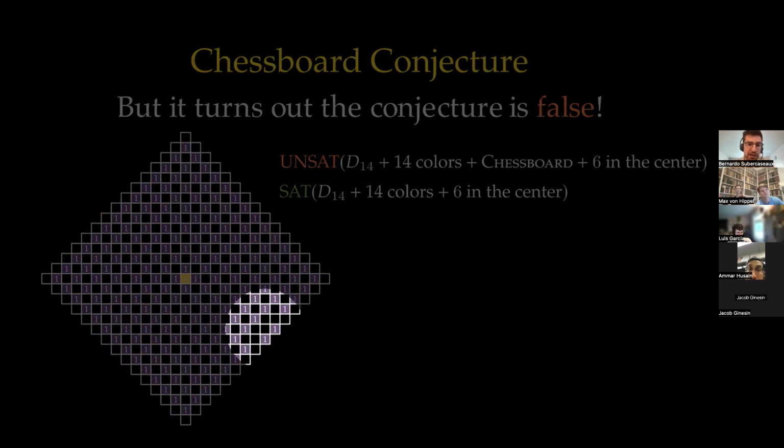When you consider the diamond of radius 15, then there's no solution. That's how we got our final result. But with the diamond of radius 14, it's unsatisfiable if you use the chessboard. But if you don't use the chessboard, it manages to find a solution that almost uses the entire chessboard pattern, except that it deviates on 2 vertices.